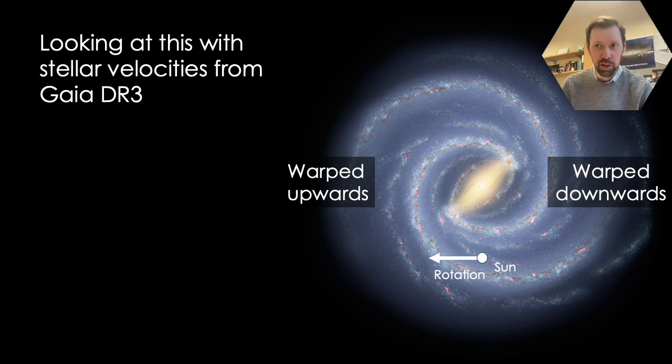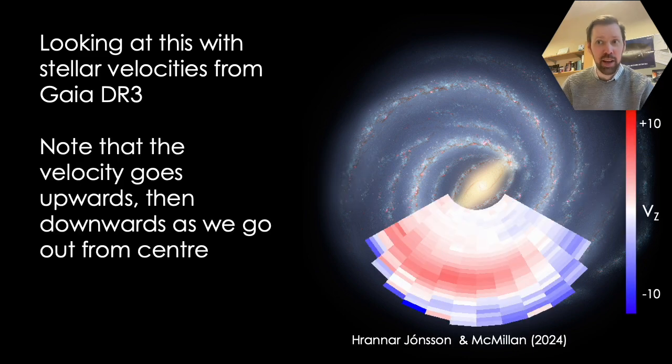So what is the kinematic signature that we see? Well, coloring now by vertical velocity, upwards being red and downwards being blue, we can see that as we go outwards from where the sun is positioned, the stars are going upwards as they're rotating clockwise towards where the warp is upwards, and that's what we'd expect naively.